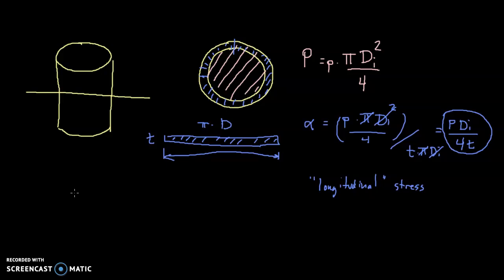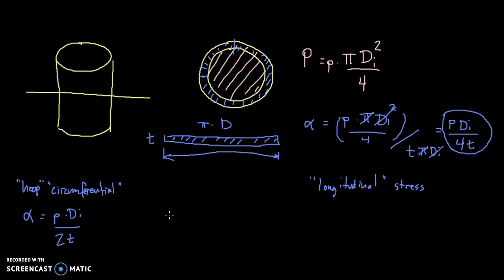So if we look at our two equations here, we have two different stresses. We have the stress for what we call hoop stress, or it's also called circumferential stress, and that is equal to p times D_i over 2t, where this is the interior pressure, the inside diameter, and 2 times the wall thickness.